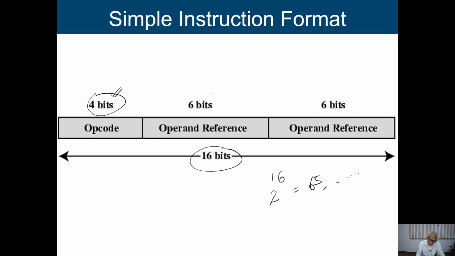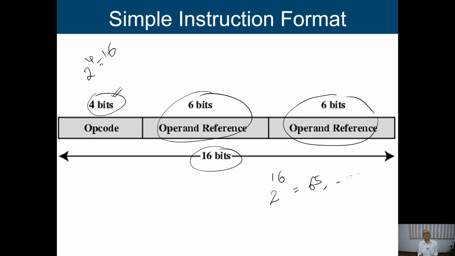But if you fix it so that 6 bits go to operand reference only, then I can design only 2 to the power 4, 16 different instructions. That's why we are not going to use a single format for all the instructions. Depending on my requirement, we'll change the instruction format, and then we can design a larger number of instructions.